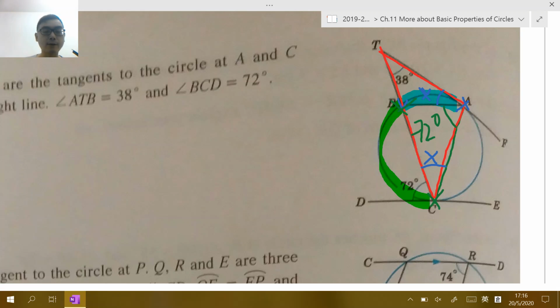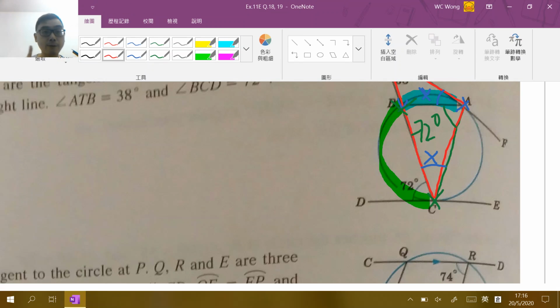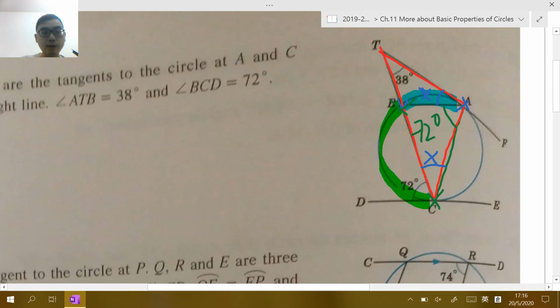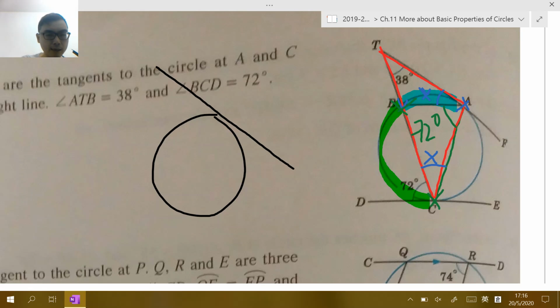Also, in today's hint, I would like to give you more insight. You can see in this figure, you are given a circle, and I give you a tangent at a point, for example here. Besides that, you have a chord, or we say the secant, which starts from the external point T in this figure to the point C here.